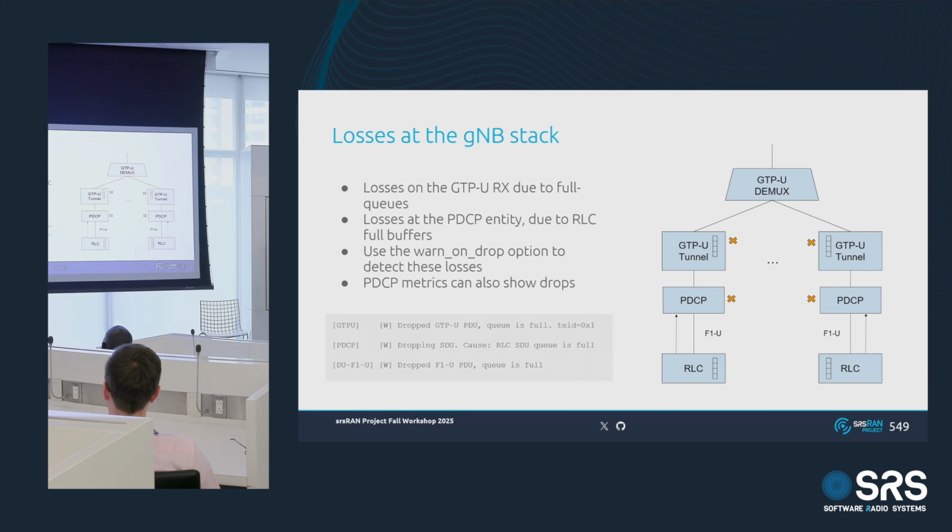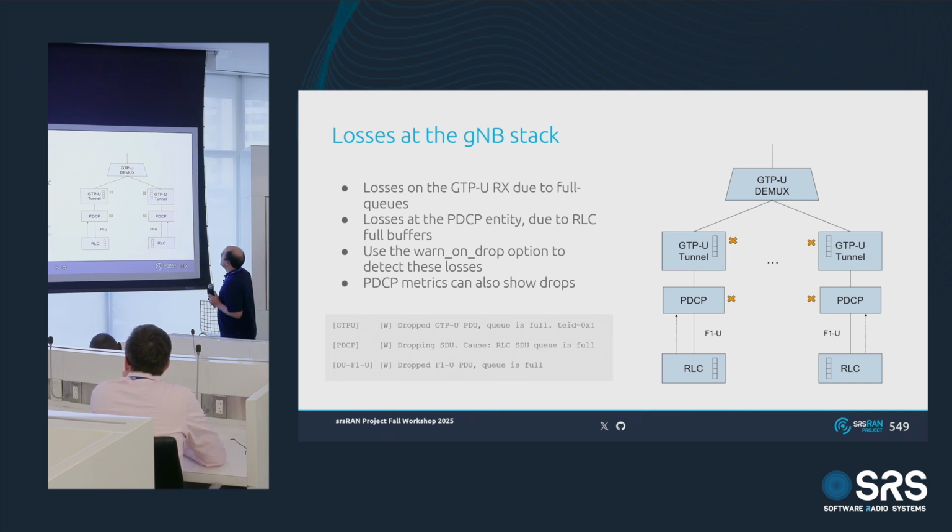Moving on from the entry, now inside the gNB. The gNB has queues inside it, right? And those queues can fill up. So this is considering the downlink.